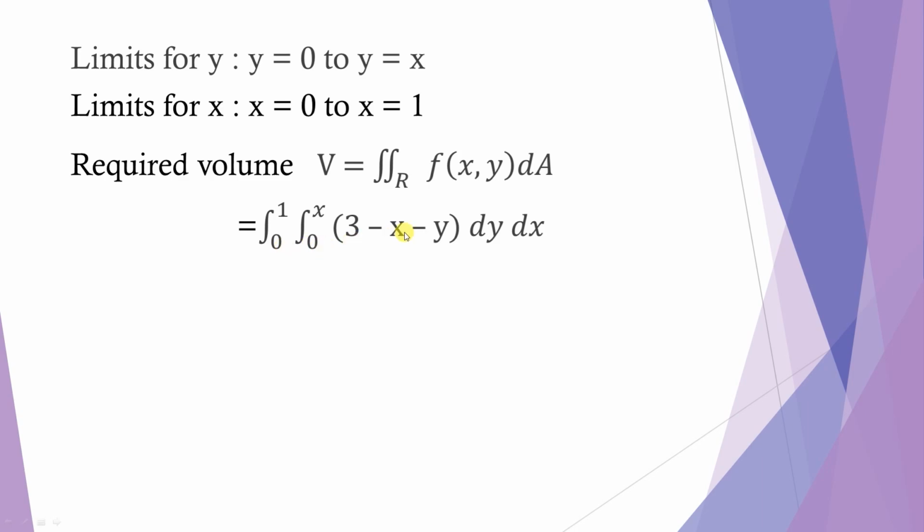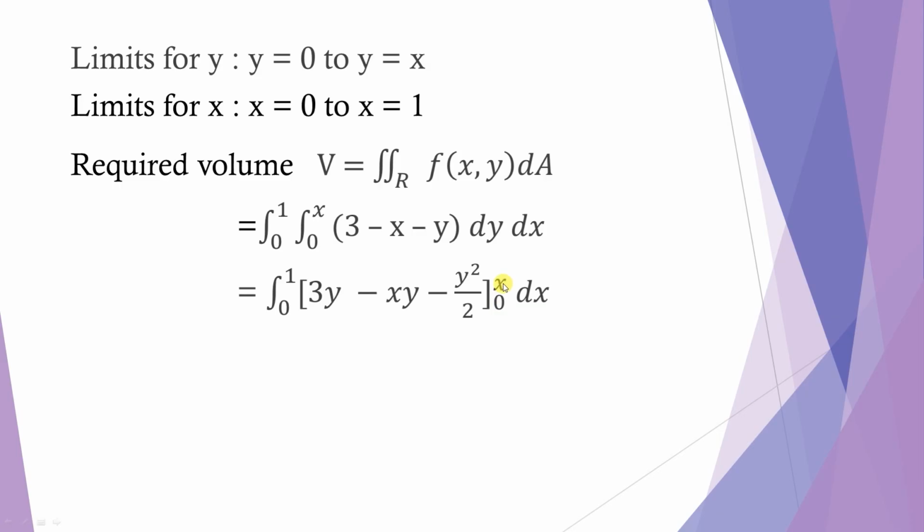So this is the required double integral. Integrate with respect to y first. It is 3y minus x times the integral of 1 dy, since x is constant, minus the integral of y dy, which is y square by 2, with limits 0 to x.